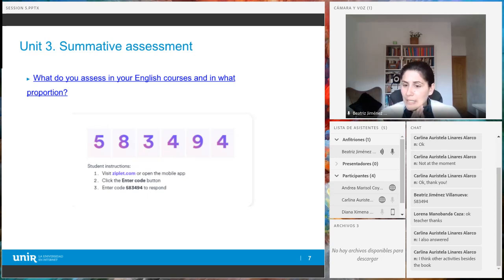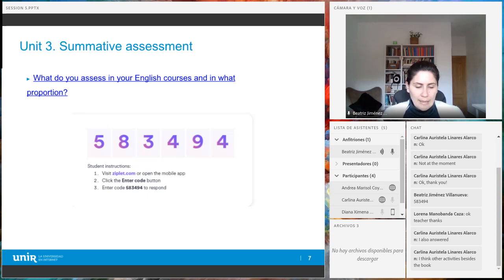Carolina, other activities besides the book? Okay, perfect. Yeah. So whatever they do in the notebook, a project, for example, or presentations. Okay. The other activities. Very good. Okay. So to close this section of summative assessment so far, remember that what we do with this kind of assessment is to provide the students with a grade, with a mark.